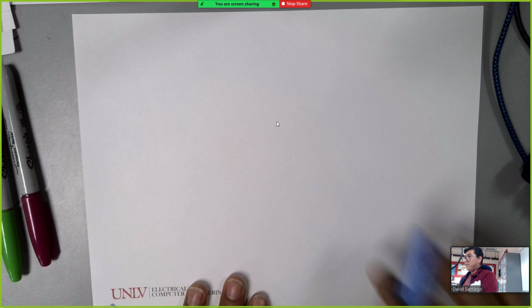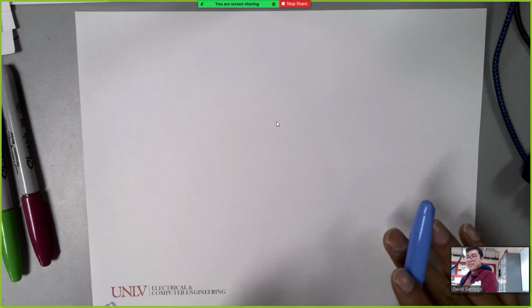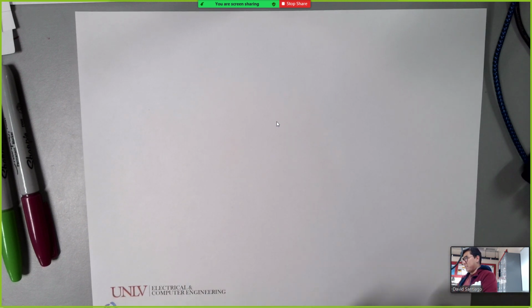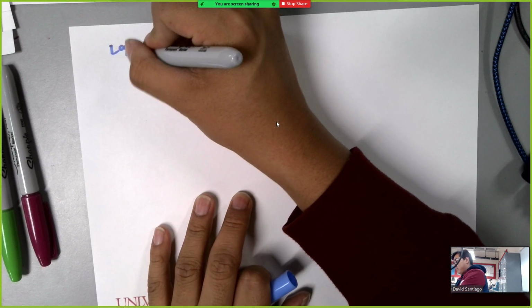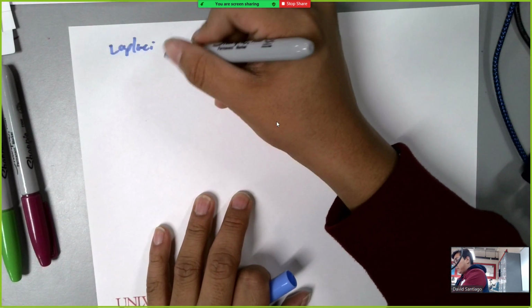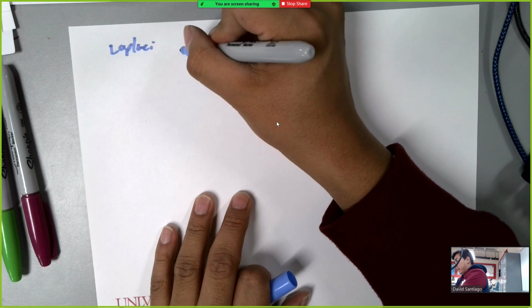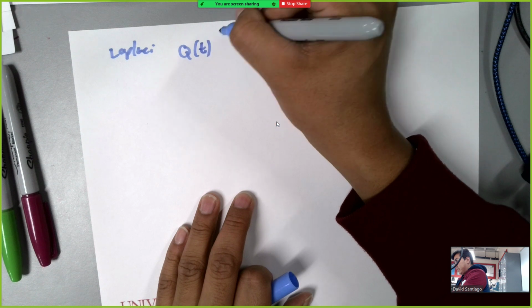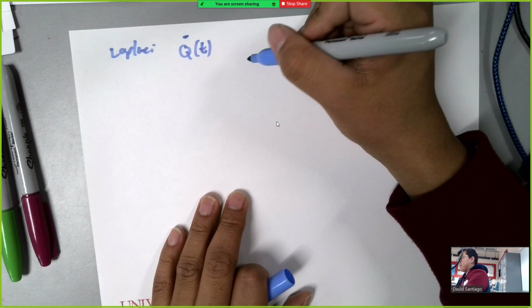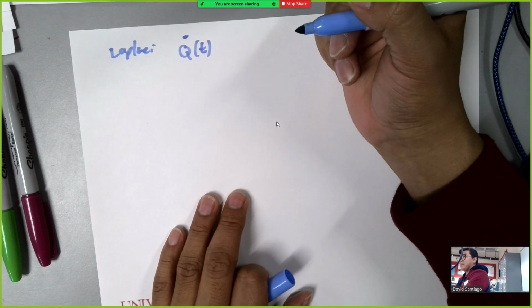So, for the Z transform, remember how, actually in the Laplace transform, where we were doing, we had Q of T, this Q of T, right? We had a vector Q of T, right? Remember that stuff?